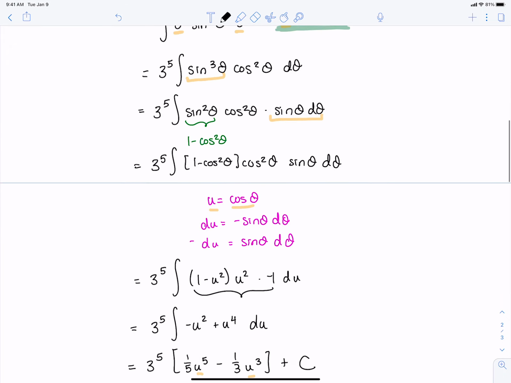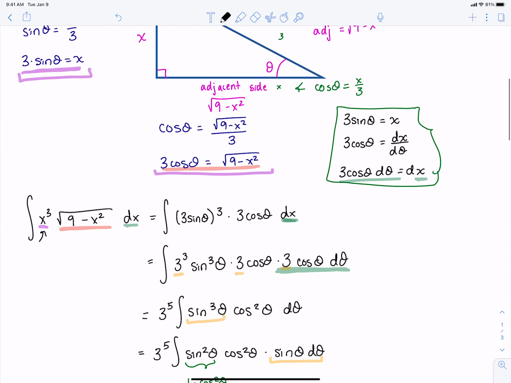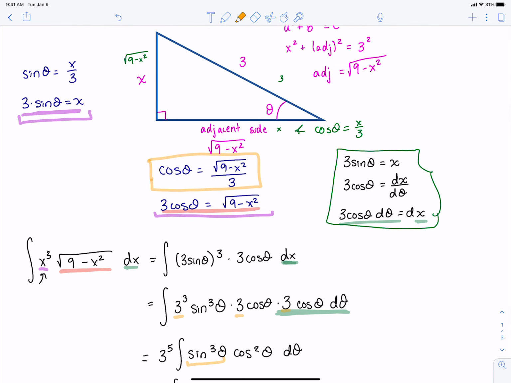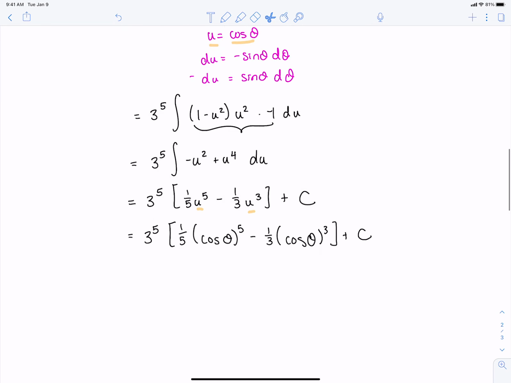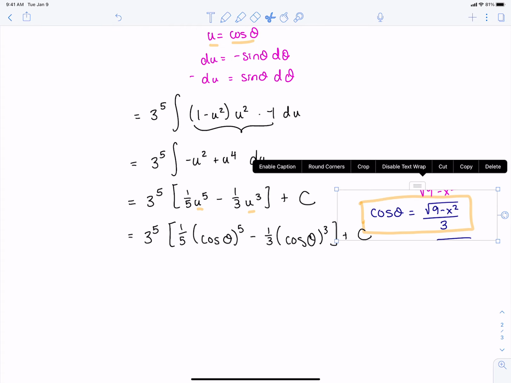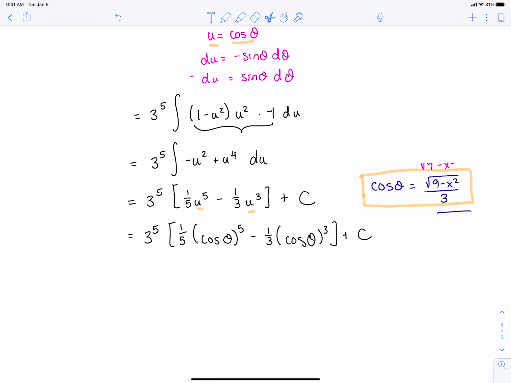Now, cosine of theta, way back up here, is the square root of 9 minus x squared over 3. It's that because that's how we set it up. We set up this triangle, we made our sides x and 3 and the square root of 9 minus x squared. So I'm going to copy this and paste it down here, just so we remember that that's what we need to put back into our integral.